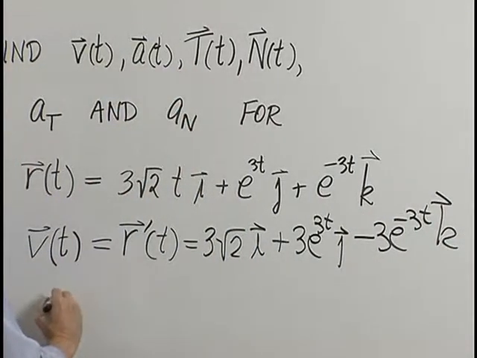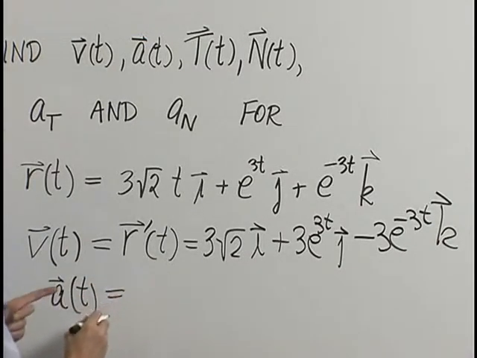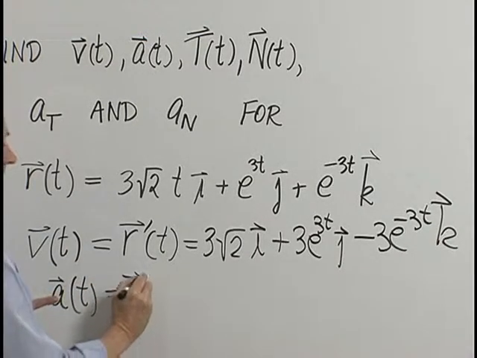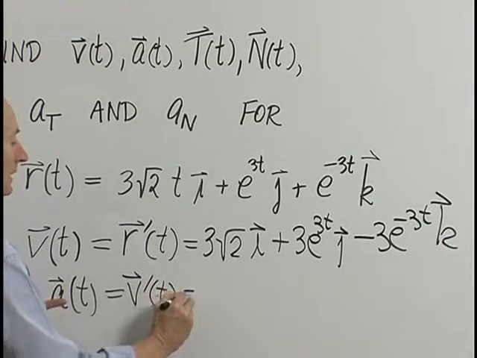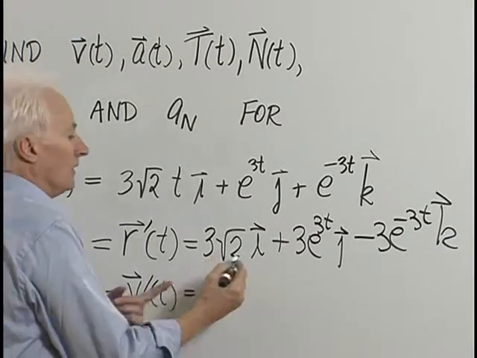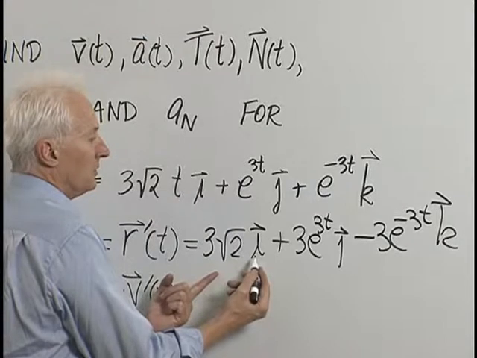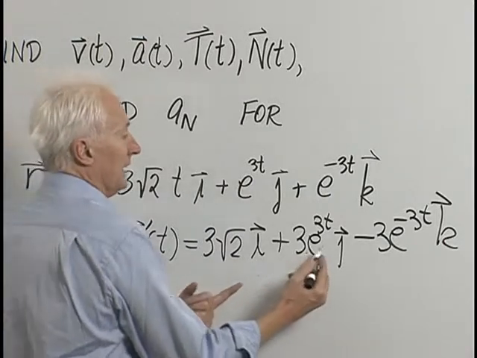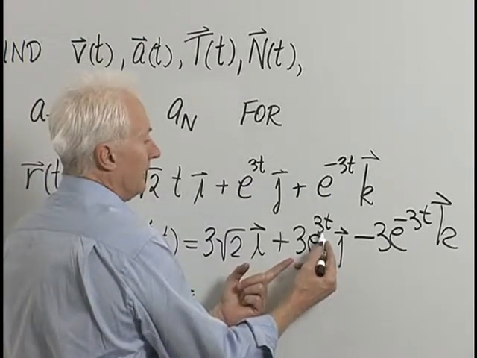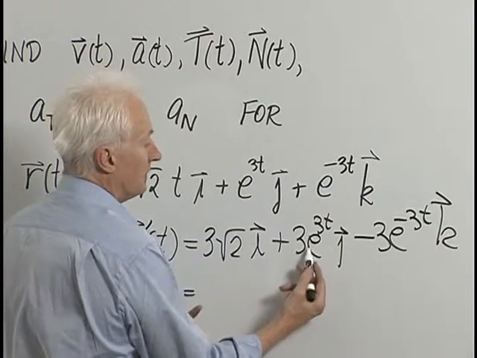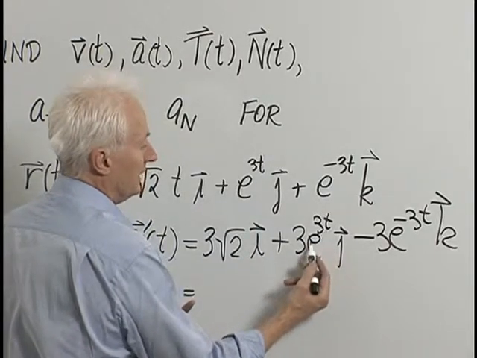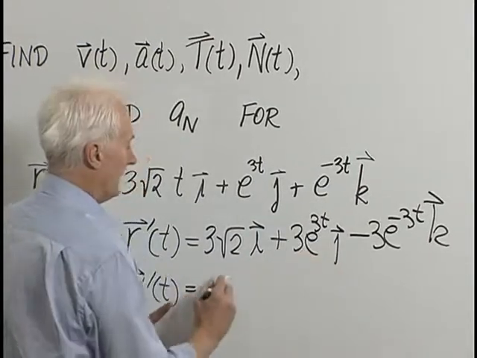And what about our acceleration vector? A of t, of course, is the derivative of the velocity. So here's a constant, so its derivative is 0. Here we're going to get another factor of 3 coming out. The derivative of e to the 3t is 3e to the 3t, and so we already have a 3 there.